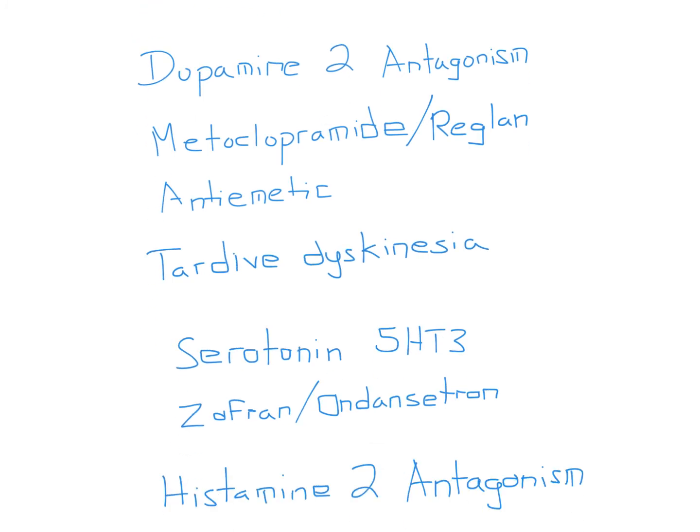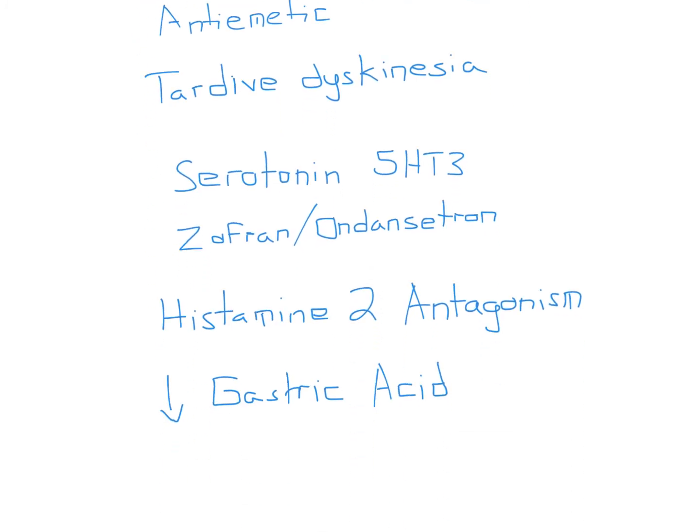The other answer choice is serotonin 5-HT3 antagonist. In this case, it would be Zofran or ondansetron. Once again, this is just to treat vomiting and nausea, but in this case, the underlying issue is motion sickness, so that also would not be the answer. And then finally, you have histamine 2 antagonism. This is going to act on the parietal cells of the stomach.